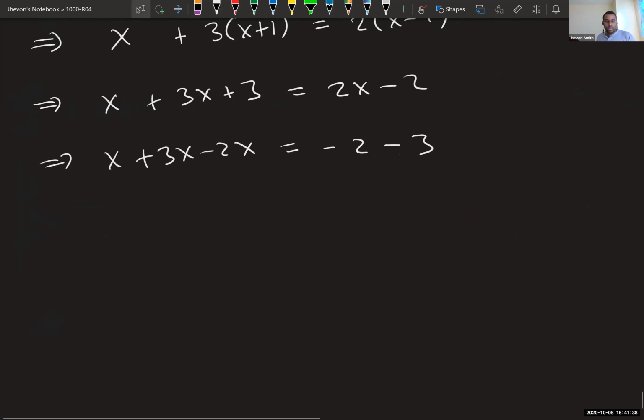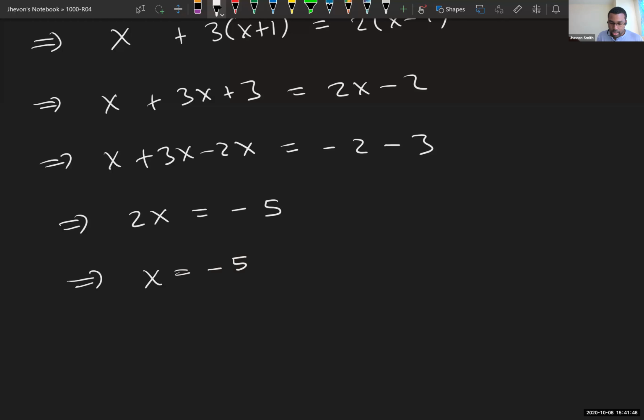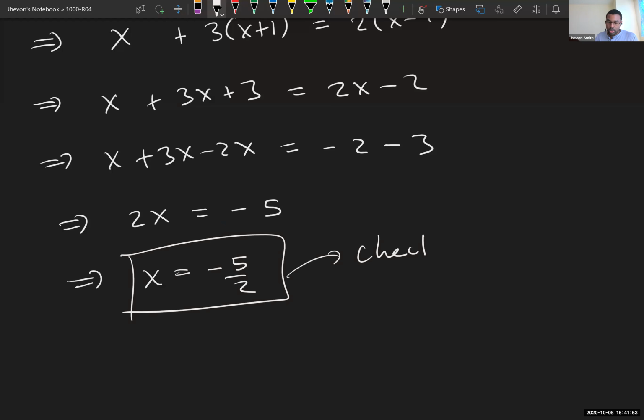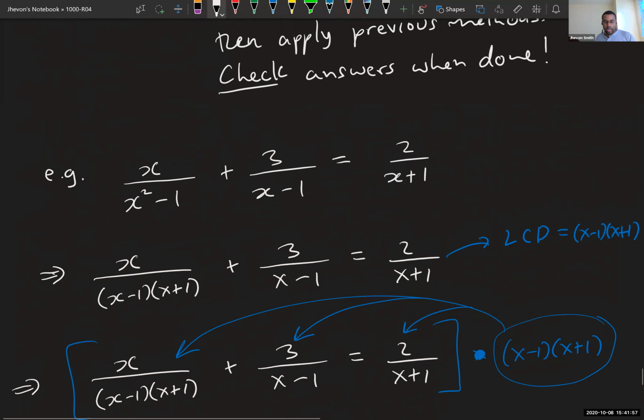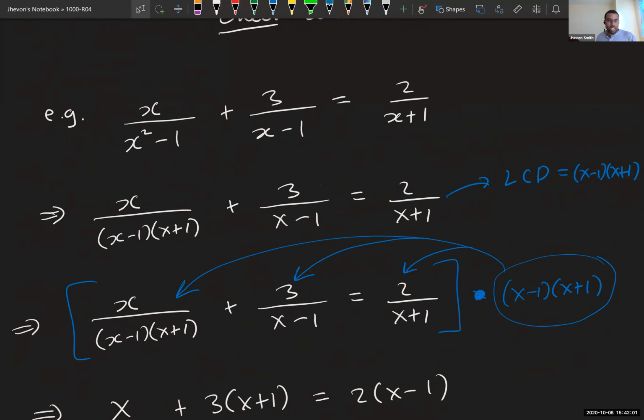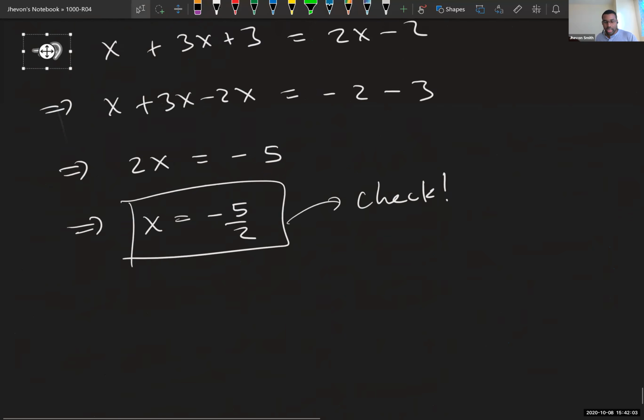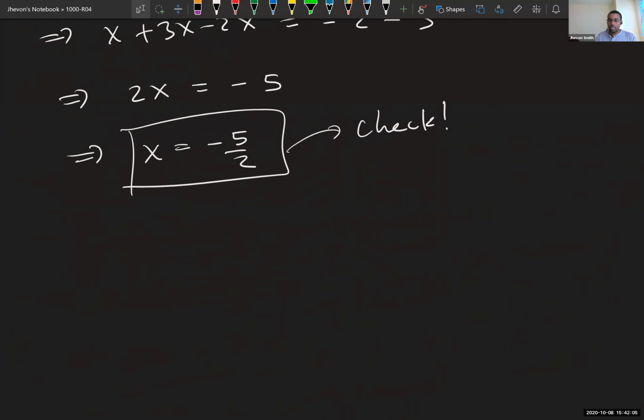So this gives me that there are 2 x's on this side, and then I can isolate the x by dividing by 2. And then, of course, you want to check this to make sure. But that one seems like it would work. That minus 5 over 2 is not going to make any of those denominators 0.